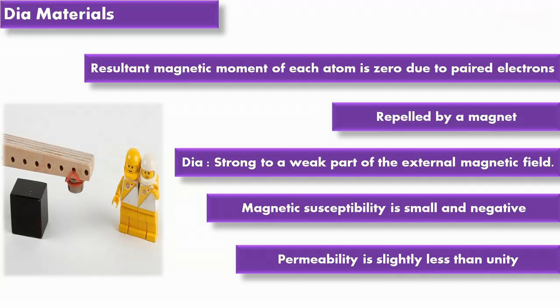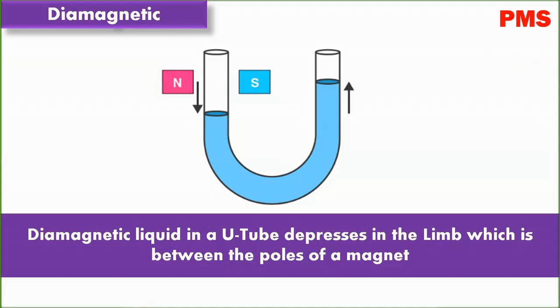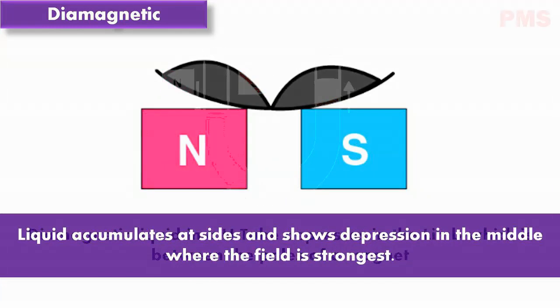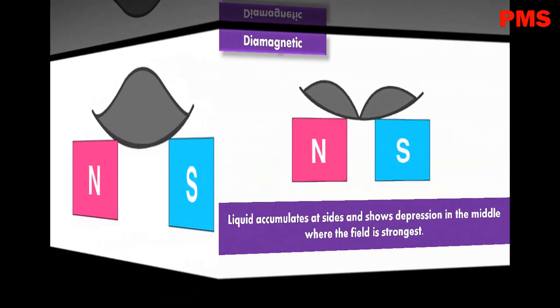A diamagnetic liquid in a U-tube is placed with one limb between the poles of a magnet. If a diamagnetic liquid is placed in a watch glass placed on two pole pieces which are quite close to each other, then the liquid accumulates at the sides and shows a depression in the middle, where the field is strongest.